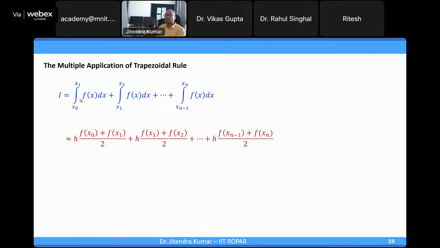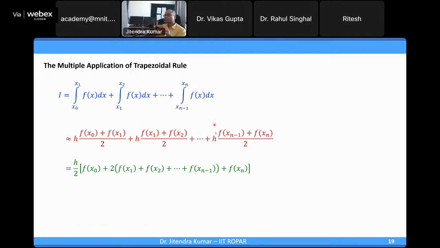So in each, that means h times (f(x0) plus f(x1)) by 2, then again h times (f(x1) plus f(x2)) by 2, and so on. And when you combine this, the formula will be that you have f(x0) and f(xn), that means the two endpoints, and double the interior points, because the terms will be coming twice. You have f(x1) here, here also you have f(x1).